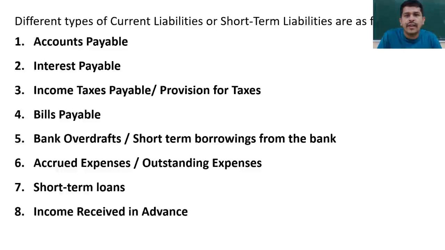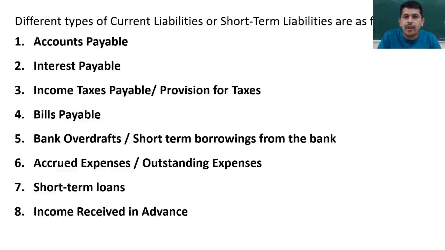Different types of current liabilities or short-term liabilities are as follows. 1. Accounts payable. 2. Interest payable. 3. Income taxes payable or provision for taxes. 4. Bills payable. 5.